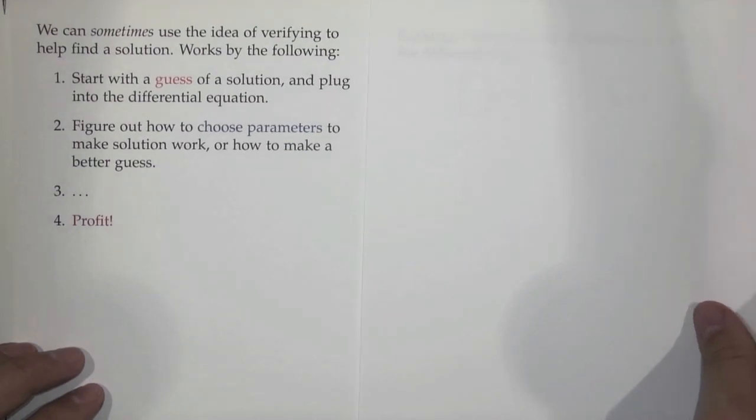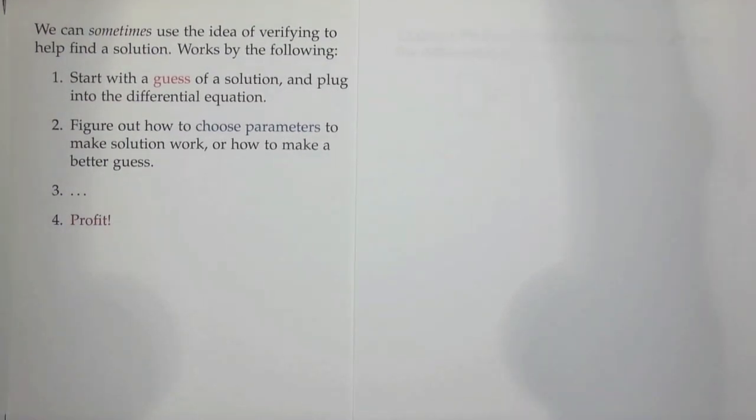We can sometimes use the ideas of verifying to help find a solution. And you might say, well, how do you do that? Well, the way verifying works is you plug something in and you check. So you say, I have a guess, and your guess might involve some parameter, or it might be a specific function, it just depends. I plug it in, and then I check to see what happens.